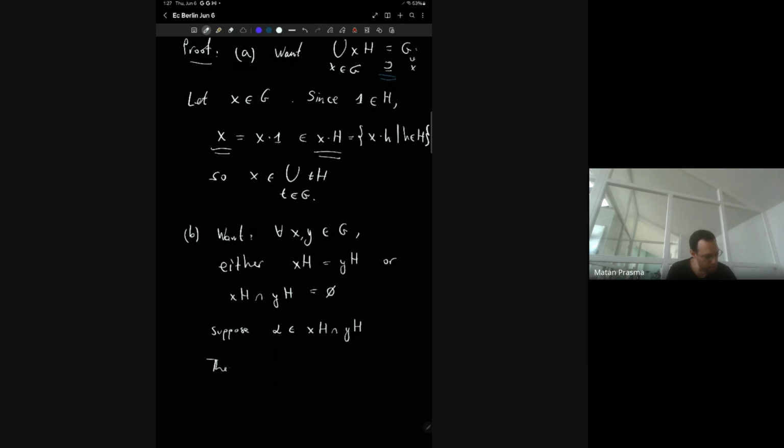Then I can write alpha in two ways, right? There exist some h and h prime such that alpha on the one hand is equal to xh, and on the other hand, it is equal to yh prime. Right? That's what it means to be in a coset.